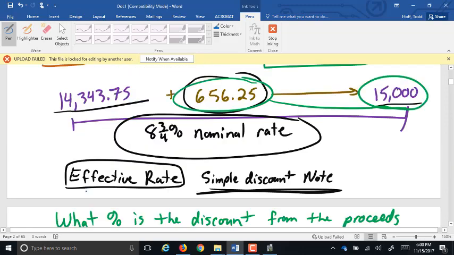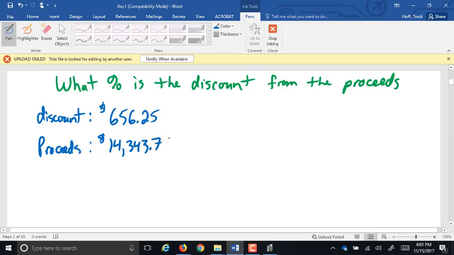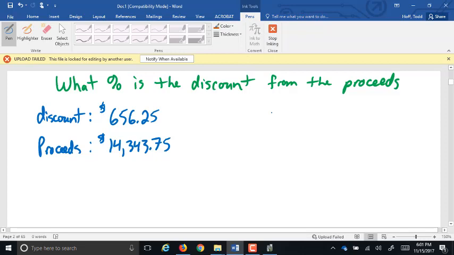So in this case, the discount was the $656.25, and the proceeds was $14,343.75. When we found the discount, we used I equals PRT.